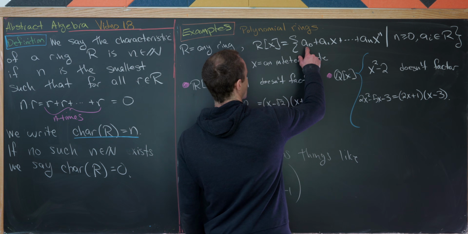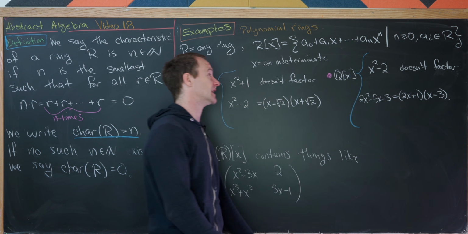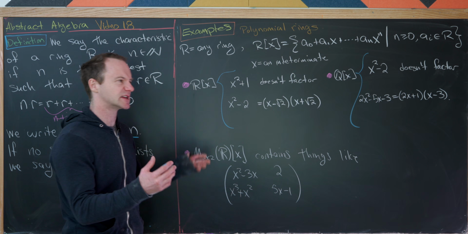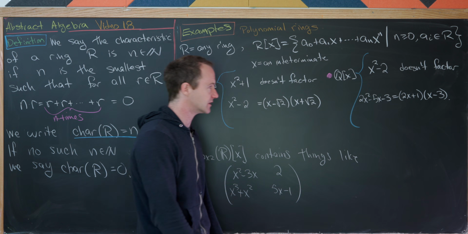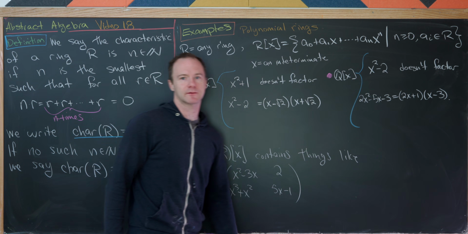So we've got things like a0 plus a1x plus a2x squared up to a_n x to the n, and there n can be bigger than or equal to 0. That gives you possibilities of all degrees of polynomials, and the a_i are elements of the ring.